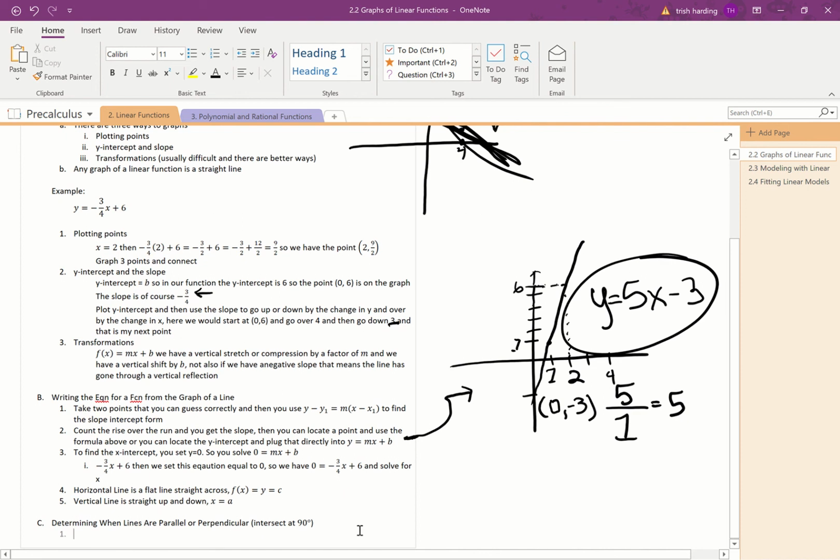So one thing to make note of here is if we're talking about parallel lines, we're talking about lines that don't intersect. They don't intersect ever. So what does that mean? So that means that if they're never going to intersect, they're going to have, I guess, the same tilt, if you could see it that way.